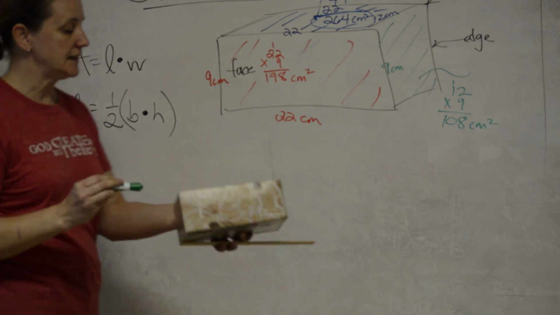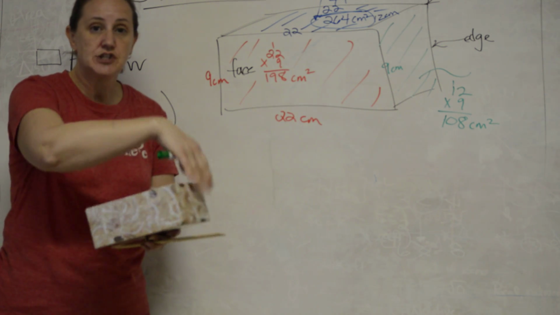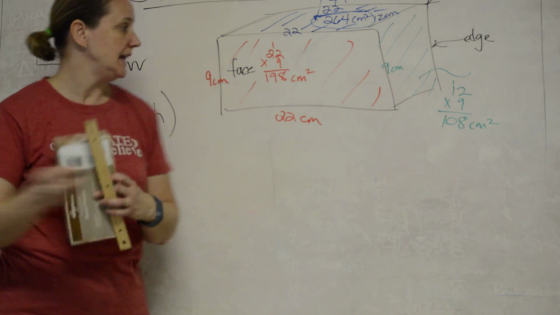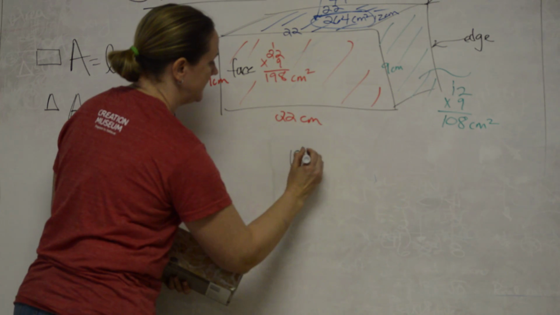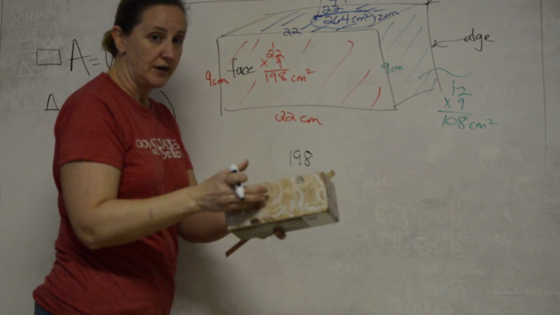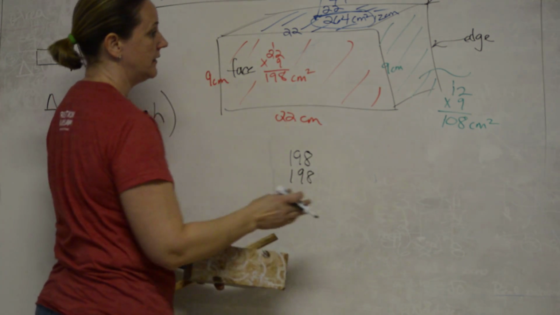So if I'm trying to figure out this total surface area, I have to take each face and add it up. So I'm going to take my red face, which is 198. And then I have, if you imagine, I have the front, but I also have the back. So I have 198 in the back also.